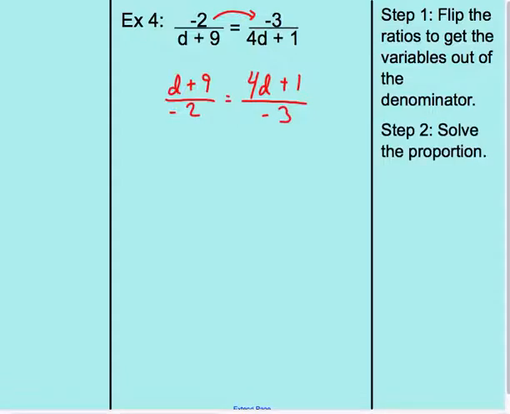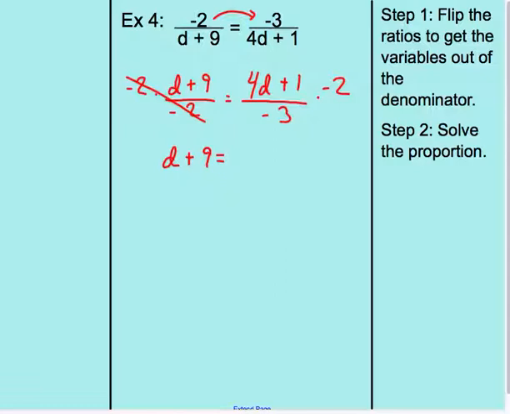The way that we solve the proportions, remember, is to cancel the denominator. So in this case, we're going to have to cancel one denominator at a time. So I'm going to start by canceling my -2. Now remember, whatever you do to one side, you do to the other side. So on the left-hand side, my -2's cancel, leaving me with d plus 9.